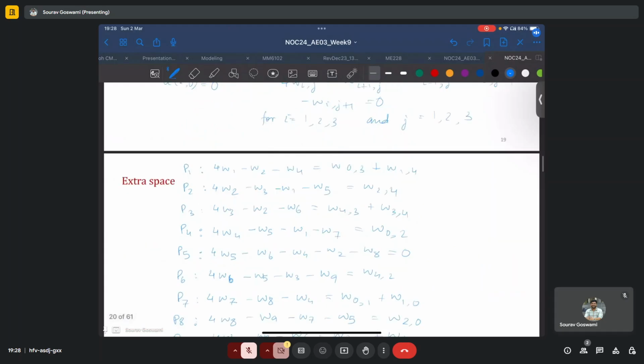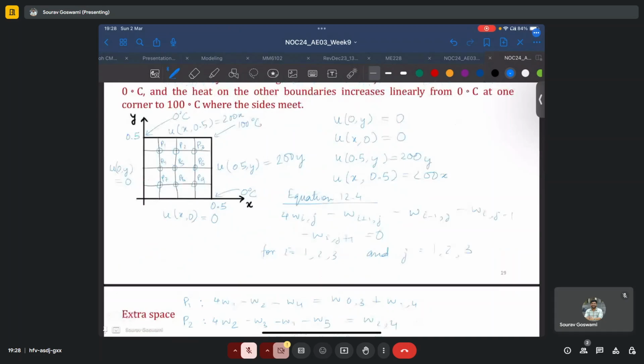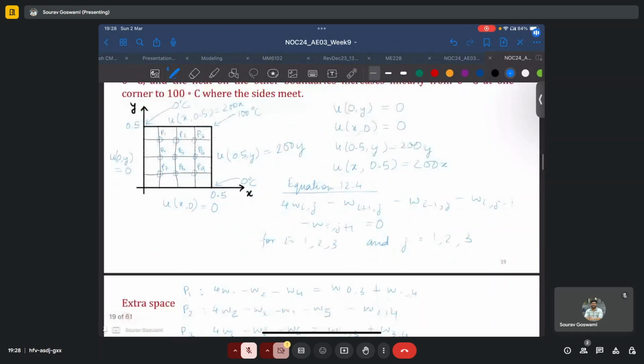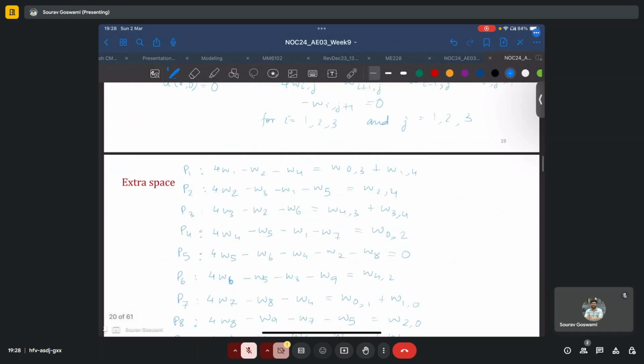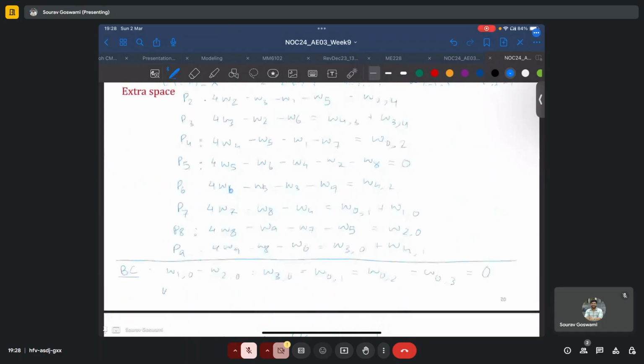And if we look at the other points which are lying on the right and top edges, we have W1,4 will equal W4,1.